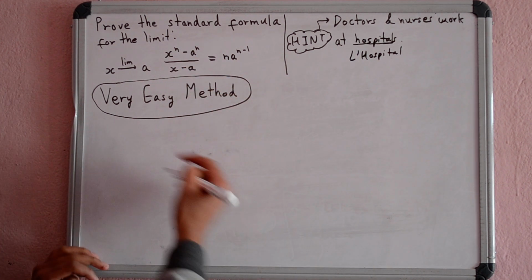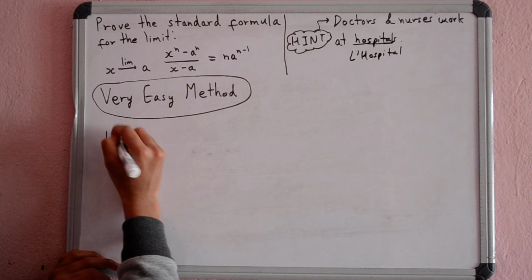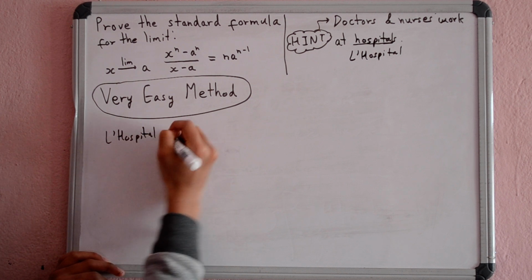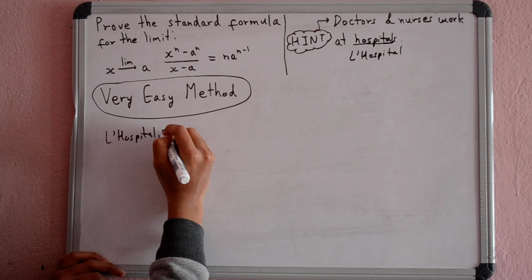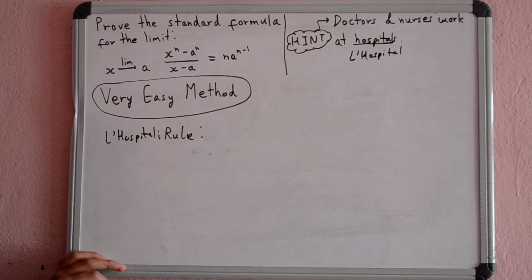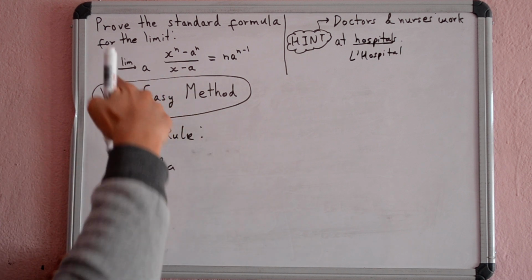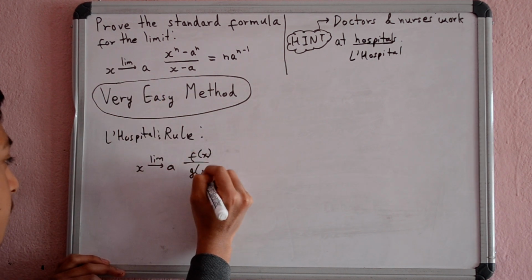So, this is known as L'Hospital's rule. Or let me state L'Hospital's rule first. L'Hospital's rule. Now, let's say you have a limit as x approaching a, not this one, of a function by another function.